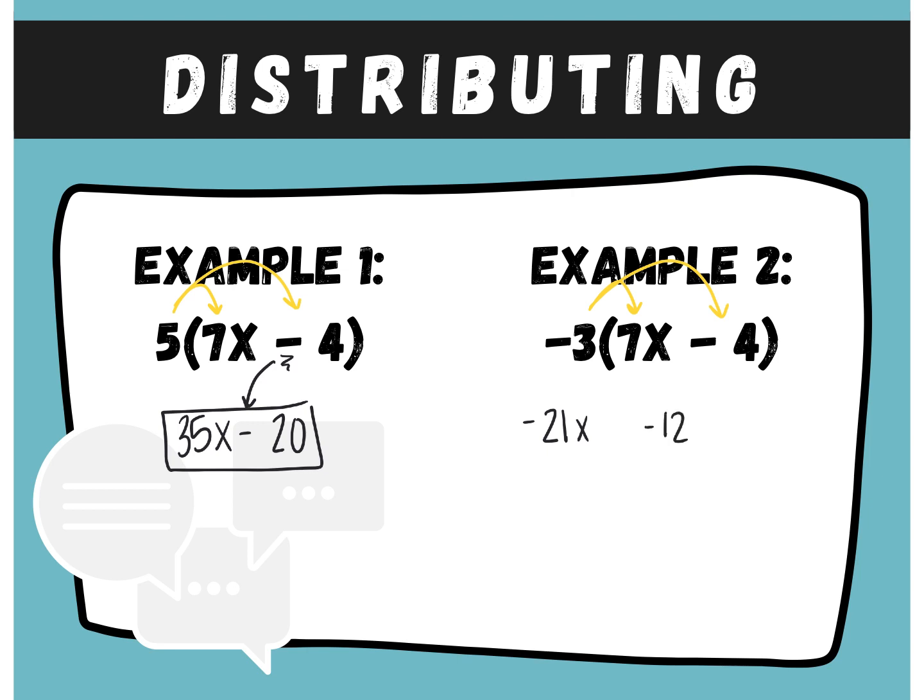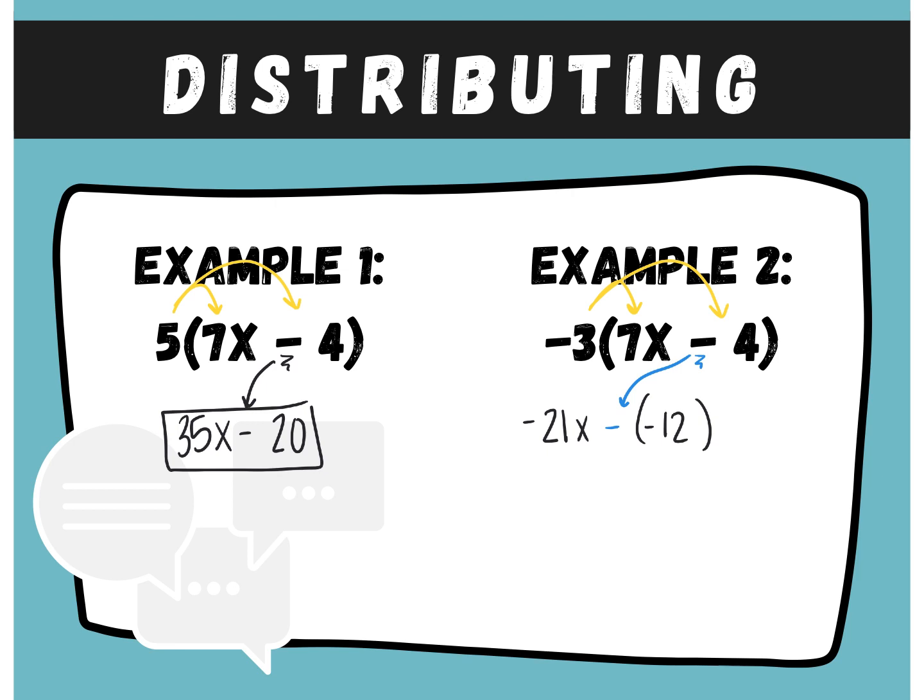However, if I treat this problem just like I treated the last problem, I need to bring this minus sign down into my problem. And I get something that's not exactly simplified. Negative 21x minus negative 12 can be simplified further, dealing with the two negatives that happen right in a row. Now, we learned back in our integer rules, we've been working with rational numbers, we've learned about the additive inverse.